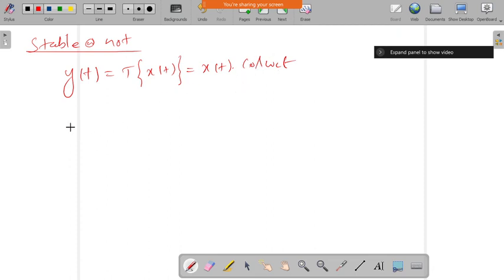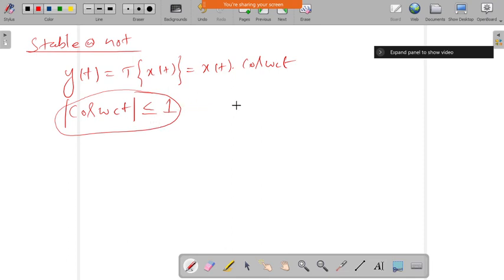If I take the magnitude of cos omega c t, it is bounded between minus 1 and plus 1 for any angle. The magnitude is less than or equal to 1.